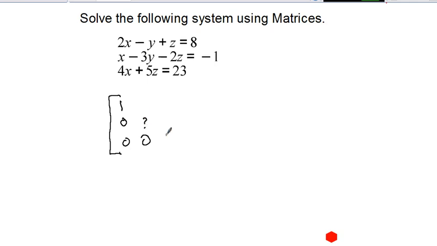And I don't know what these values will be, but anyway, you end up with a matrix that looks something like this on your calculator that you can solve.